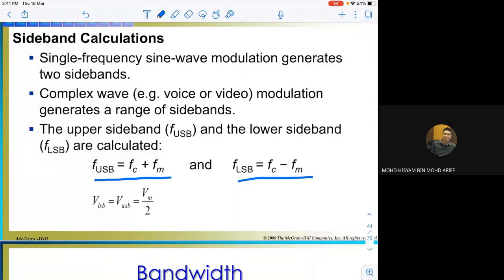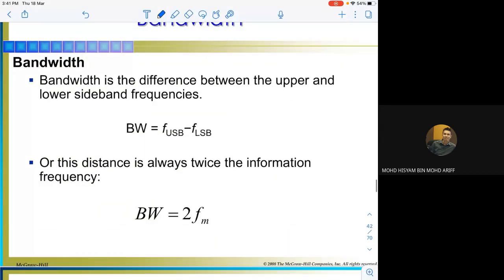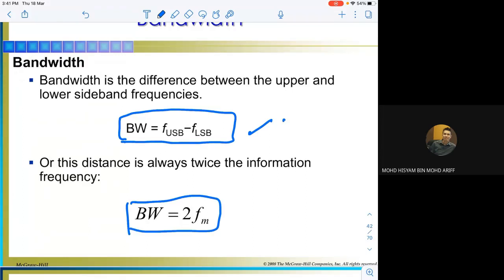We can express it in terms of V, or in terms of power. Don't worry, after this I will summarize. Bandwidth in the frequency domain is upper sideband minus lower sideband. In the time domain it is 2FM. I already proved this to you.